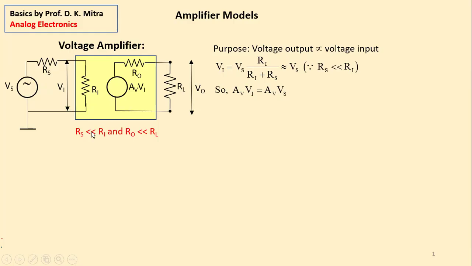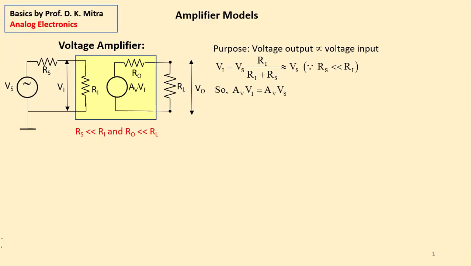Now, this condition is here, RS is much, much smaller than RI. So if RS is much, much smaller than RI, then this RS plus RI is almost equal to RI. And the numerator RI and this RI get cancelled, so VI becomes almost equal to VS, right?